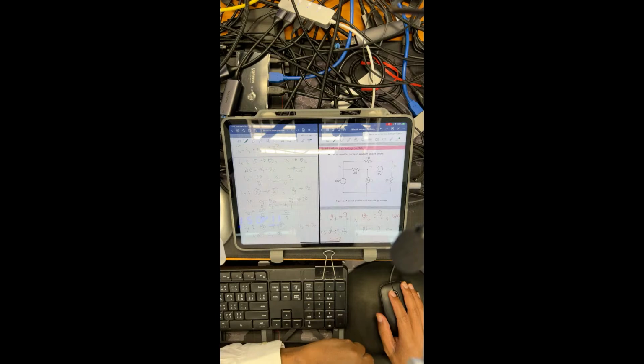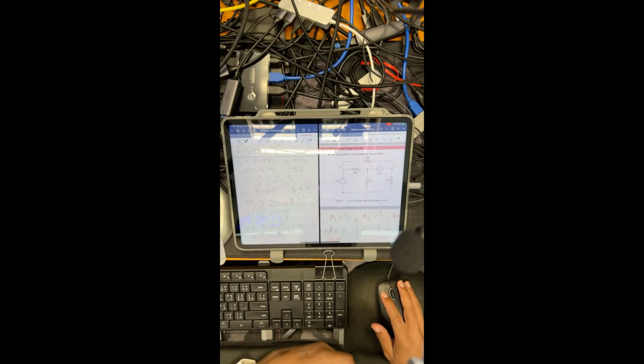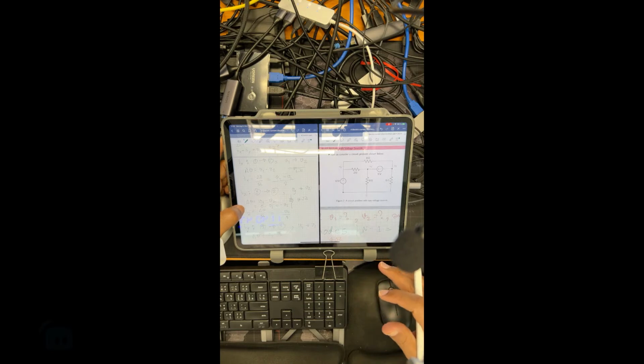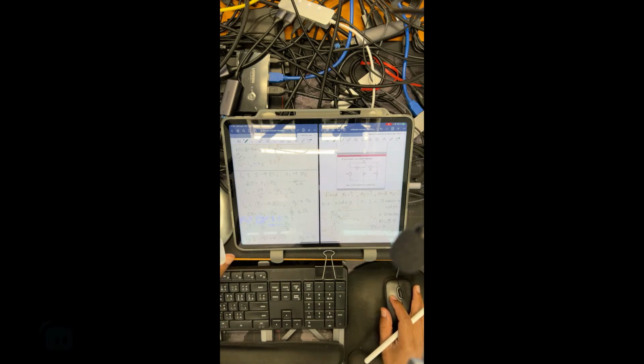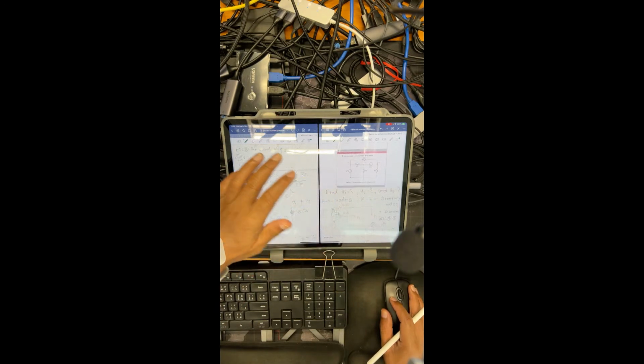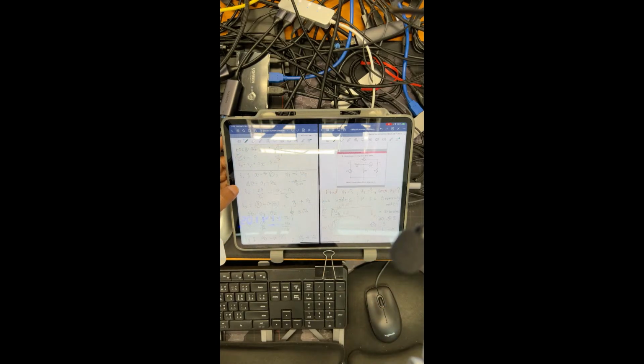From the first node, consider node number 1 here on the left, V1.